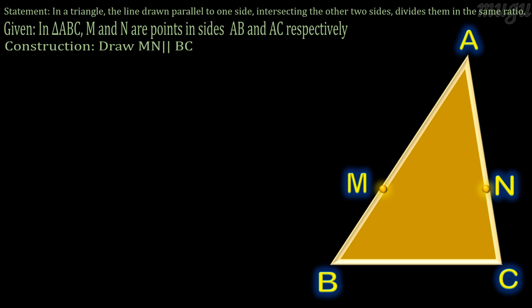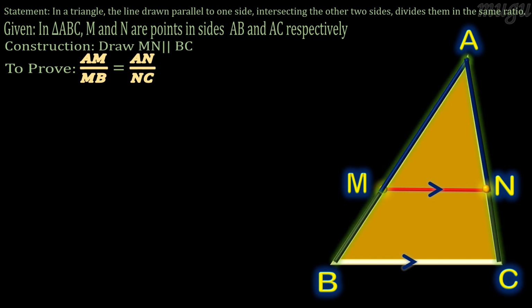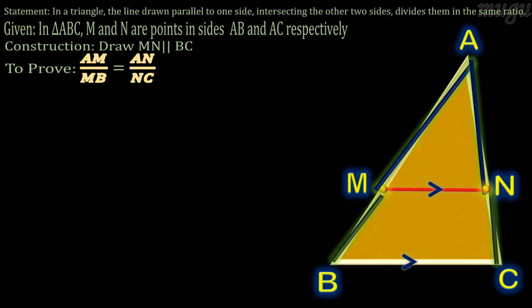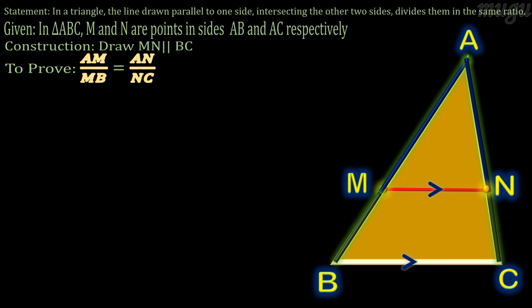We draw the line segment MN in such a way that it is parallel to BC. These are the construction and the given information. To prove: these are the four line segments, and we create two ratios with them. Those ratios are equal, that is AM by MB is equal to AN by NC.